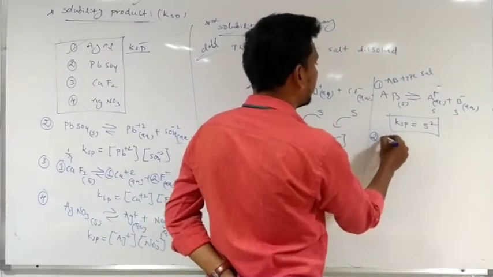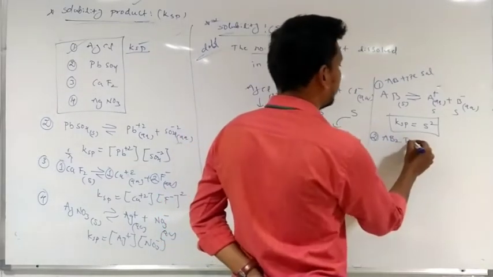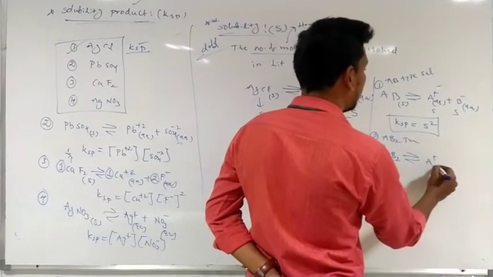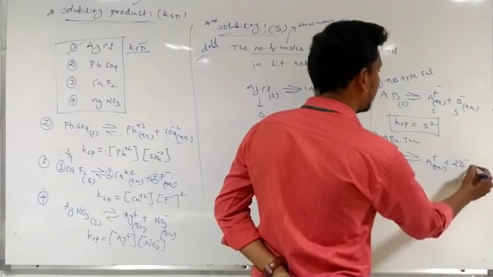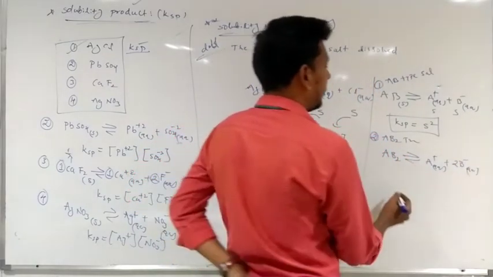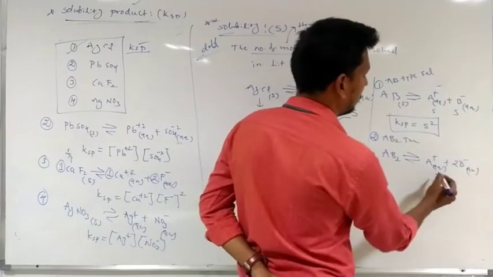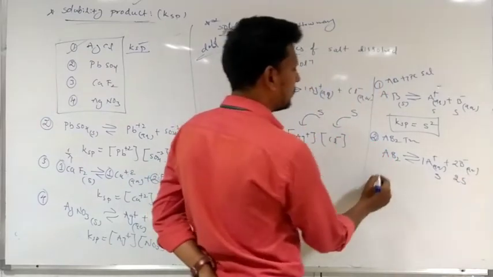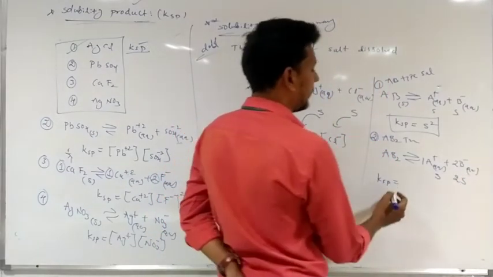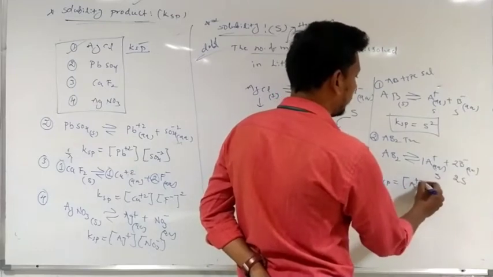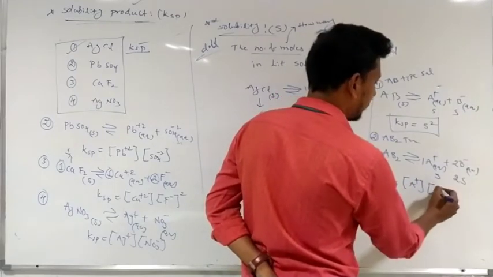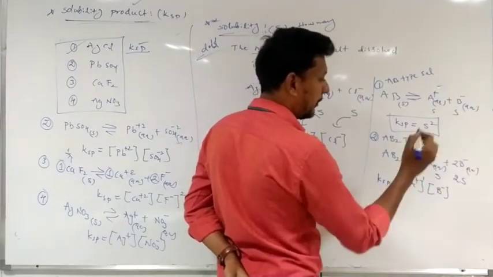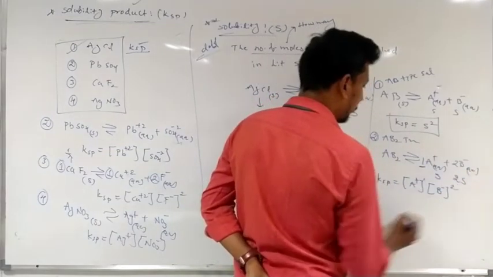Now I am writing the AB2 type salt. AB2 is in equilibrium with A plus aqueous plus 2B minus aqueous. Here the solubility of A is S, and for B it is 2S. For Ksp, the concentration of A plus to the power 1 and the concentration of B minus to the power 2, the stoichiometric coefficients.